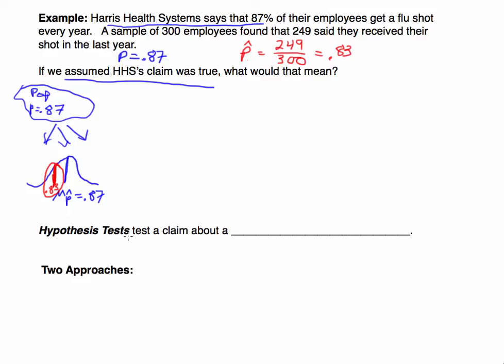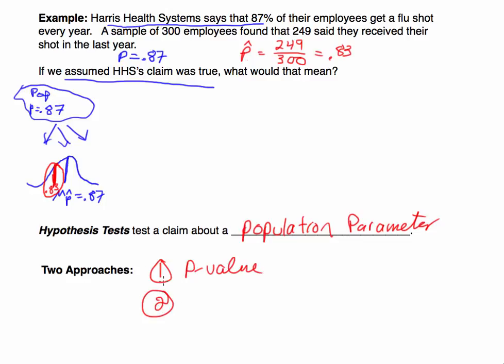So hypothesis tests test a claim about a population parameter, and in this case we were looking at the proportion. There are two approaches that we're going to use. One is called the p-value approach, where we actually calculate the probability. If we assume the population proportion is 0.87, what's the probability that we get 0.83?